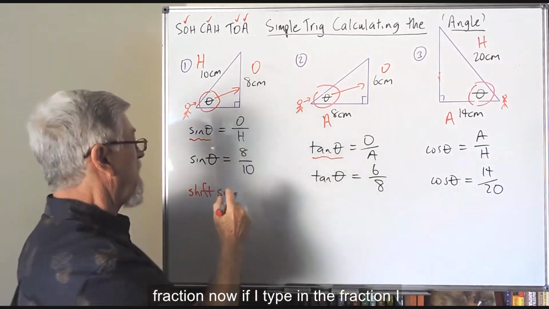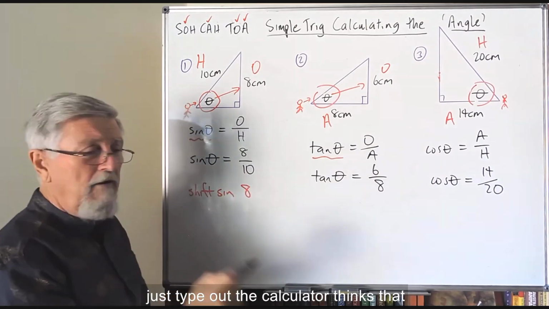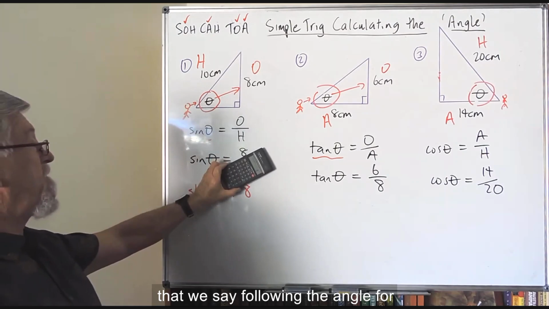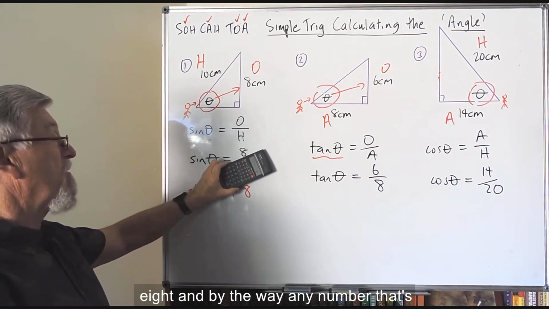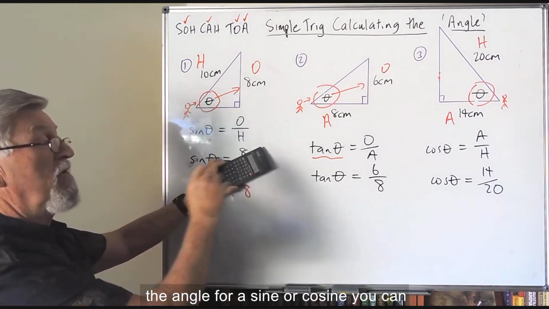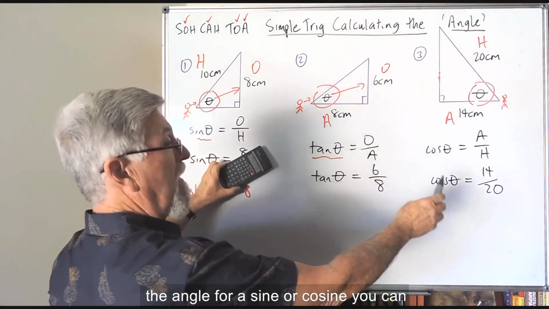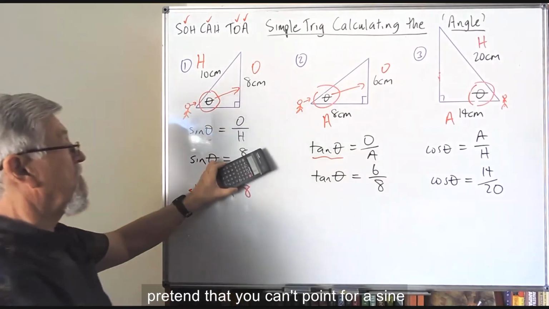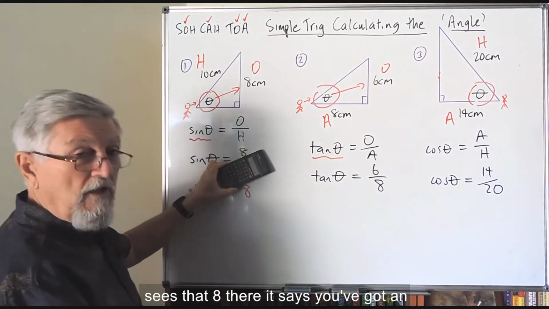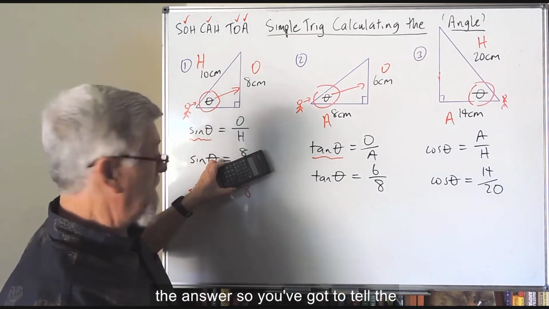If I just type 8, the calculator thinks you're saying find the angle for 8. By the way, for any number that's bigger than 1, you can't find the angle for a sine or a cosine. You can for a tan, but not for a sine or a cos. So the moment the calculator sees that 8, it gives an error. In other words, it can't calculate the answer.